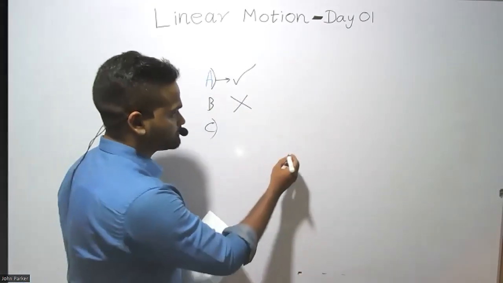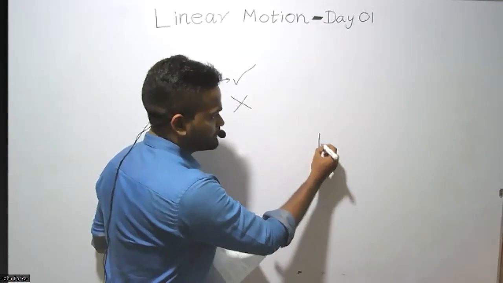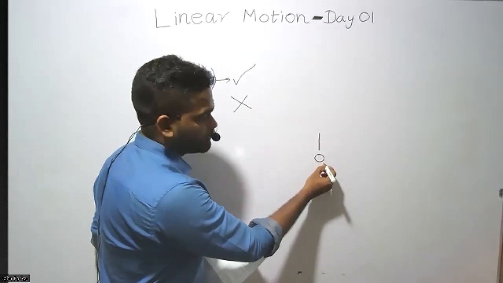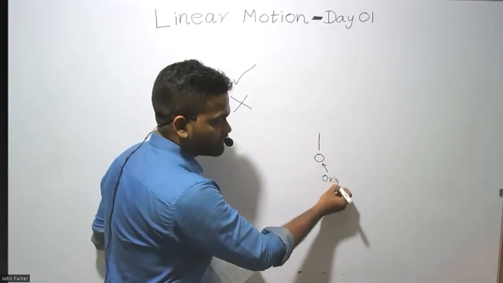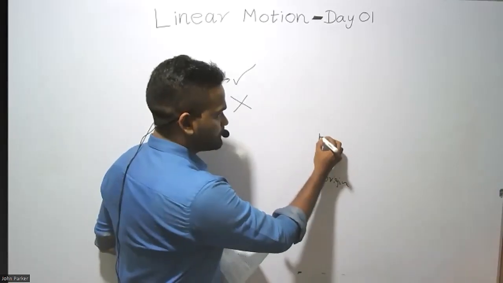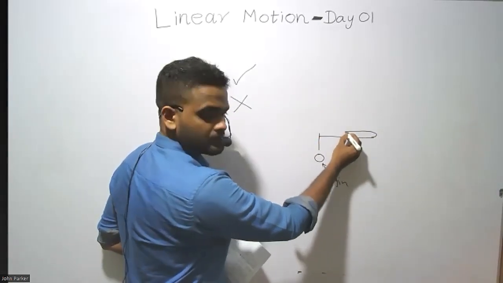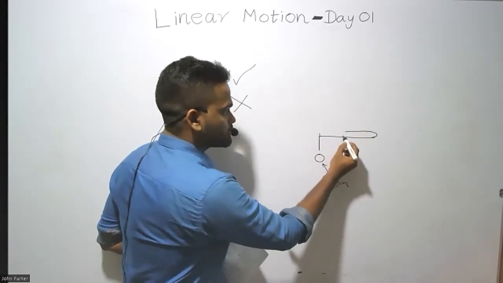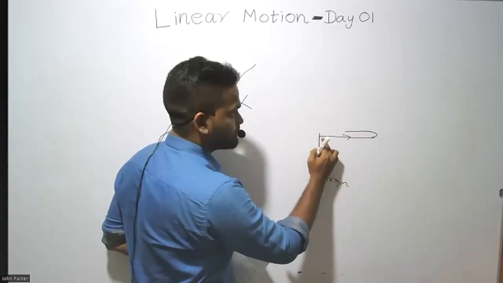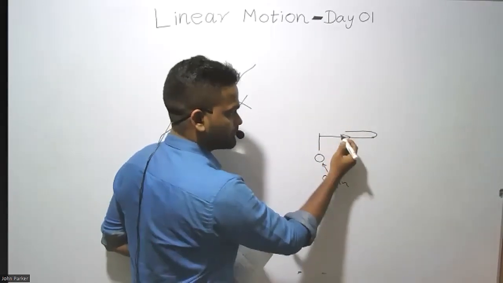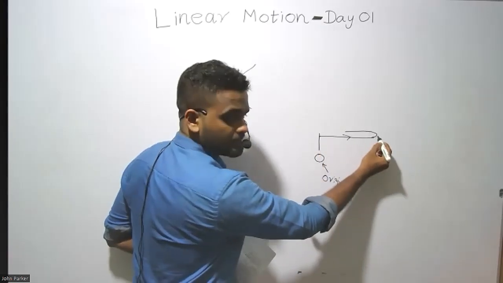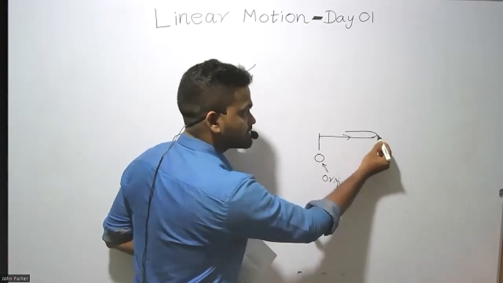Let's say you start from here. Usually we call this point the origin. If you start moving to this side and come back, how much is the distance you moved? You always have to add up. That's the distance: this distance plus this distance.